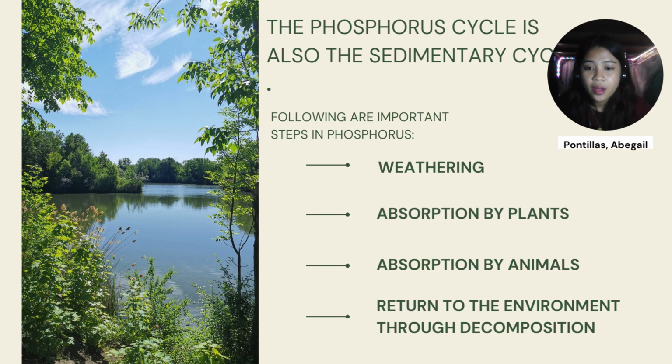For instance, when plants and animals die, they are decomposed by microorganisms, and during the process, the organic form of phosphorus is converted into the inorganic form, which is recycled to soil and water. The soil and water will end up in sediments and rocks, which will again release the phosphorus by weathering. Thus, the phosphorus cycle will start over.